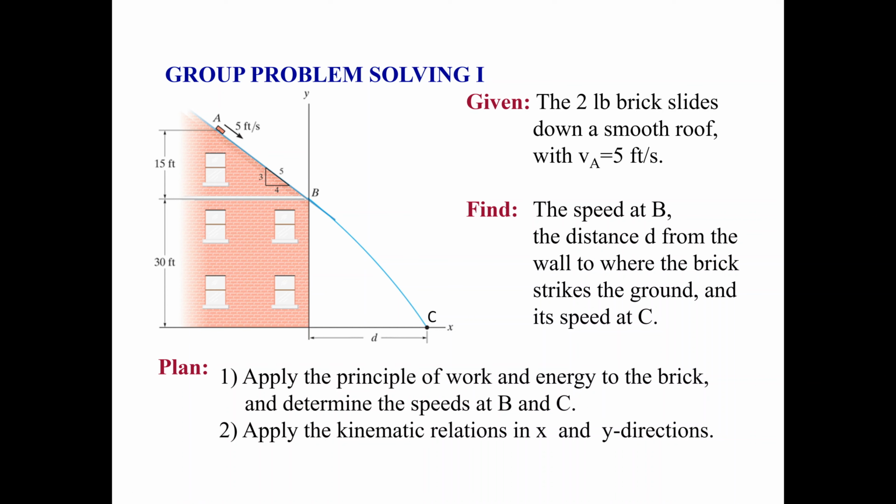So we have a work and energy equation from here to here. We also have one from here to here, and we can have one from here to here also. That will give us a relationship, and we could determine the velocities at these different points.